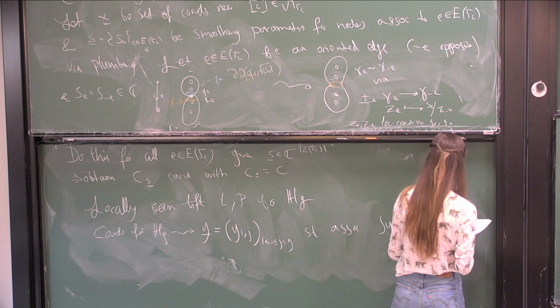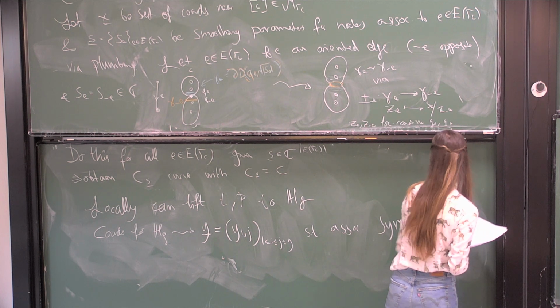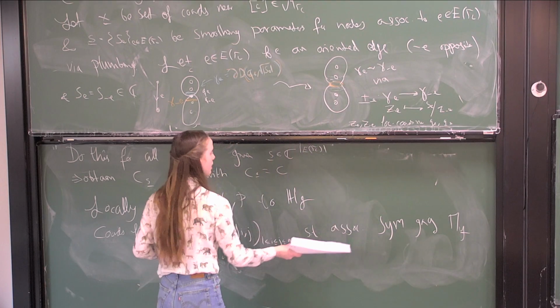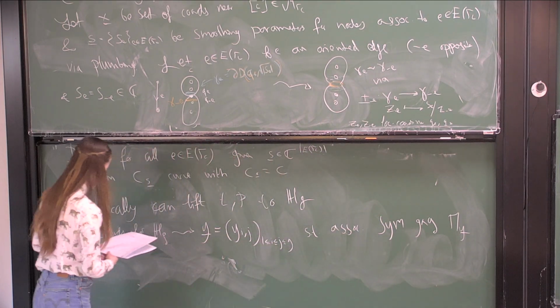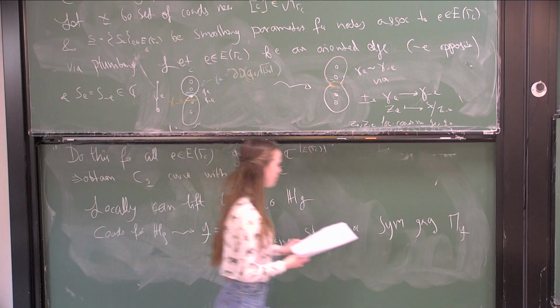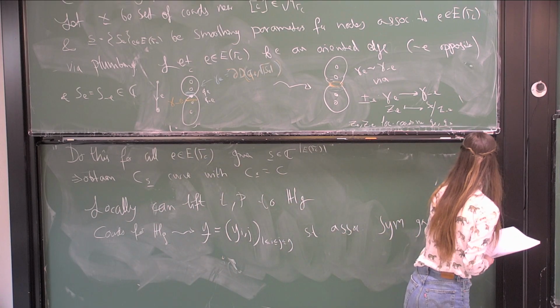Symmetric g by g matrix, with symmetric possibly definite imaginary part, with entries given by these coordinates.